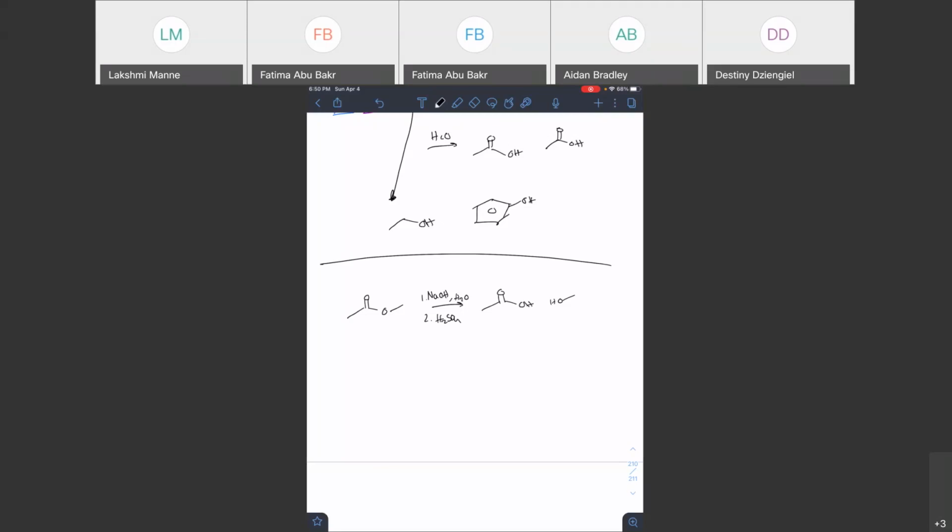I think either one. I don't know, because this is clearly a base up here, but then this is an acid down here. Either way, the mechanisms are different, but the outcomes are exactly the same. You just draw the carboxylic acid at the end. Whether you do it with an acid or a base is really up to you, so I would just go ahead and use this one if you need to do it for a retrosynthesis.